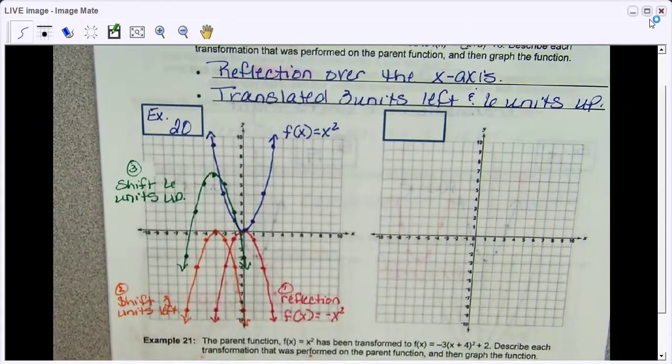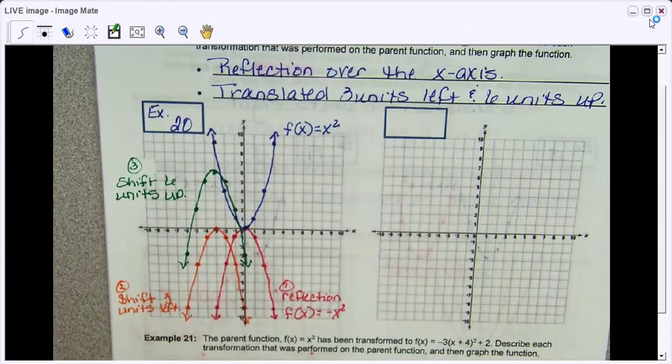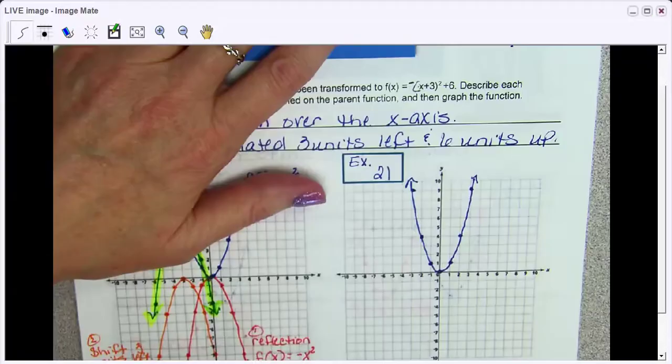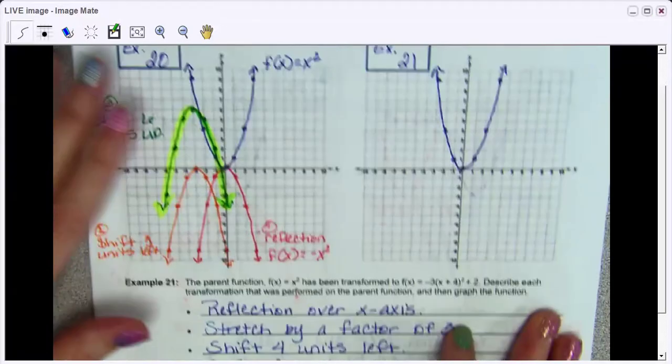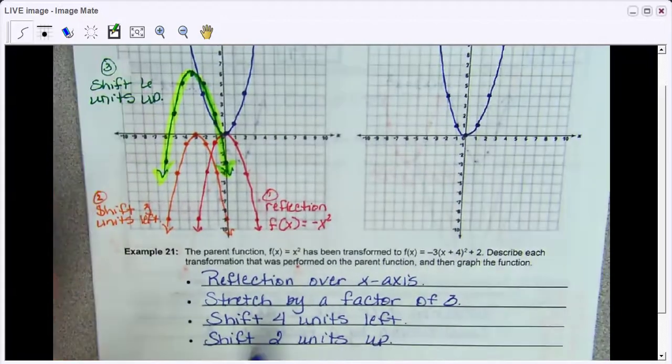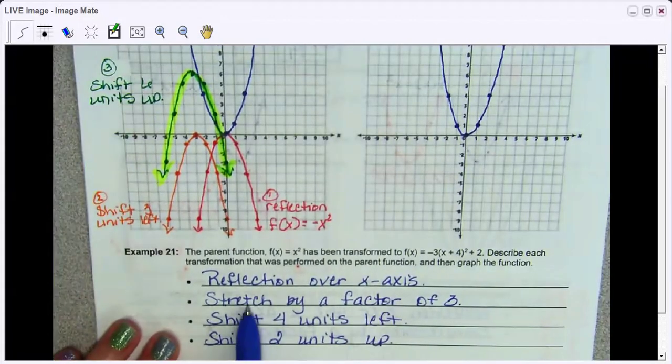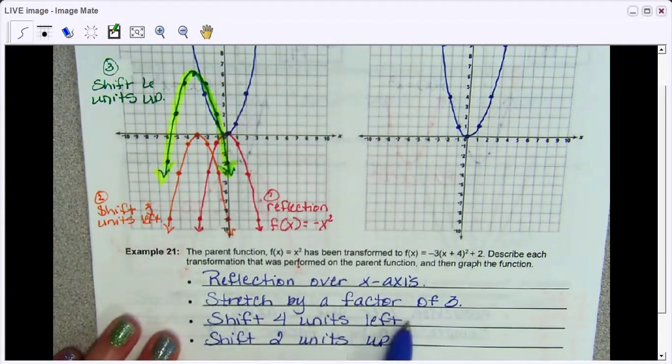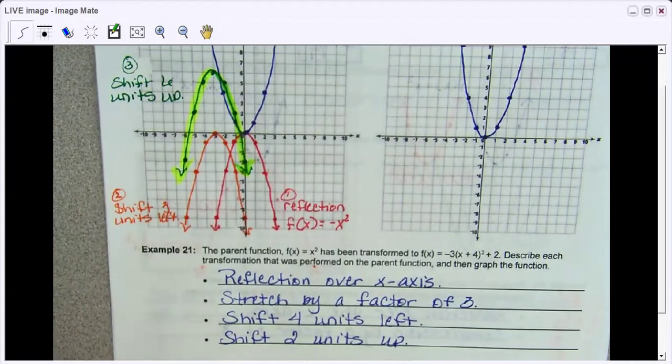All right, now I want everybody to do example 21. Okay, so with example 21, you should have written reflection over the x, stretch by a factor of 3, shift 4 units left and 2 units up. Now with this one, because it has a stretch, the best thing that you could do to get your final parabola is just to create a table of values to see what that final parabola would be.